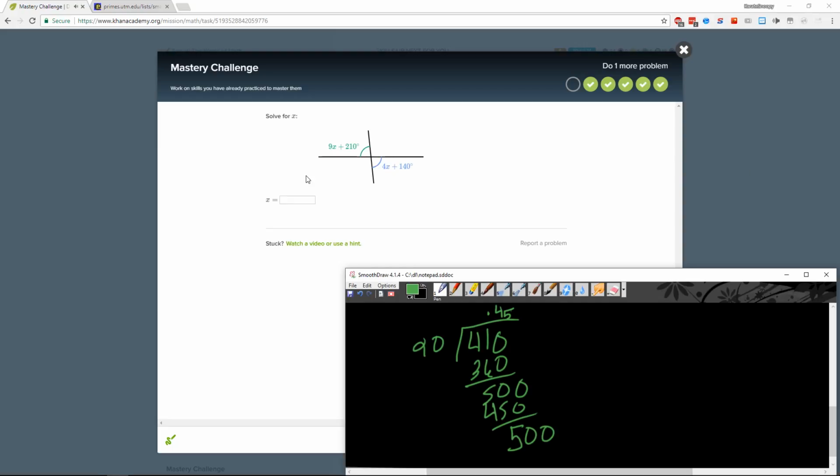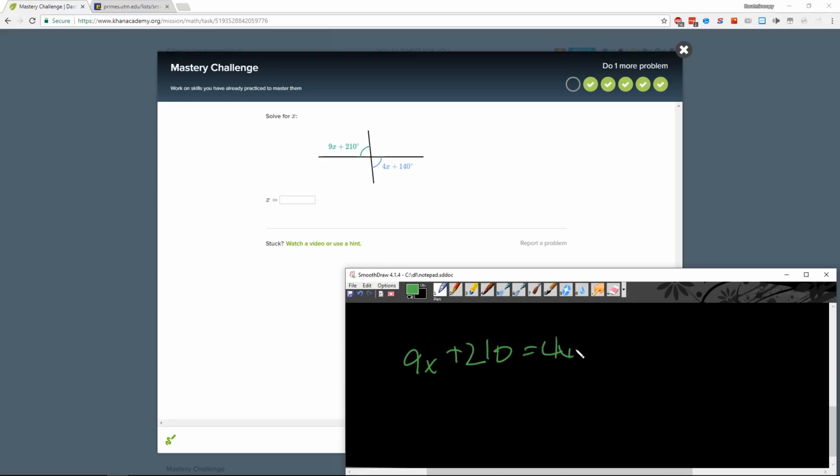Solve for that. 9x plus 210 equals 4x plus 140. Subtract 140 from both sides. So that's 70, so that's plus 70.